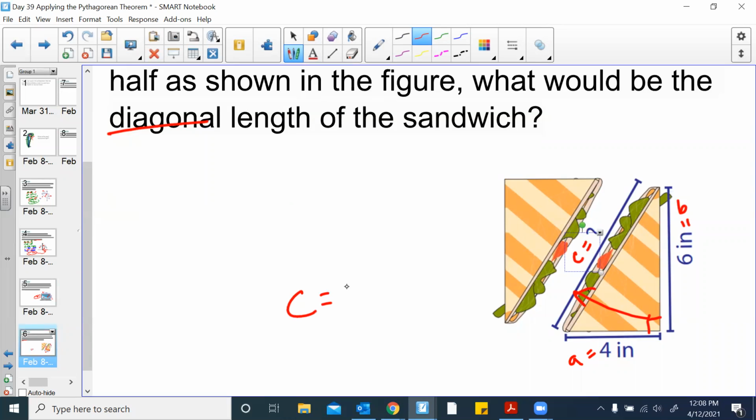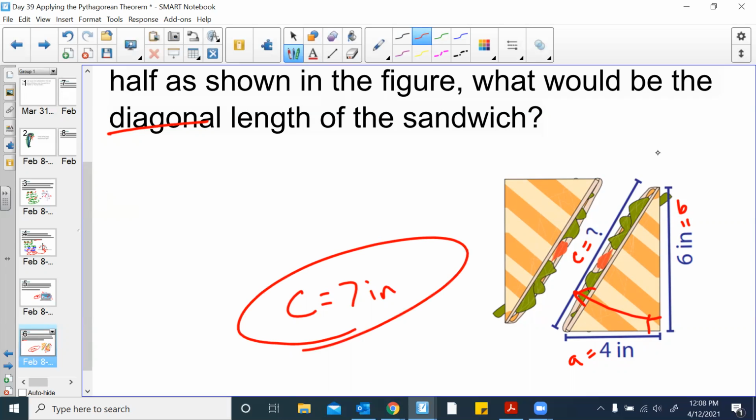So C equals 7.211, whatever. Well, let's just say I wanted to round to the nearest inch. I would look to the right. Is this number 5 or greater? No. So I can just call it a 7. Nothing has to change. So the diagonal, or the hypotenuse, corner to corner of our sandwich, is 7 inches.